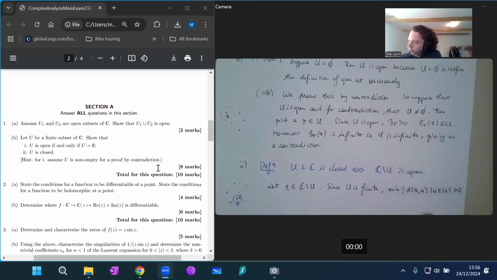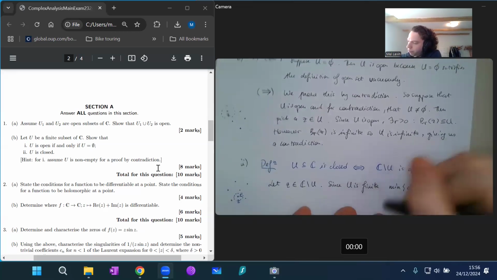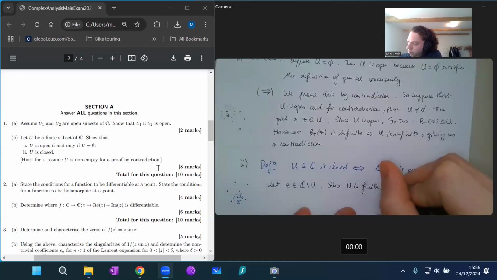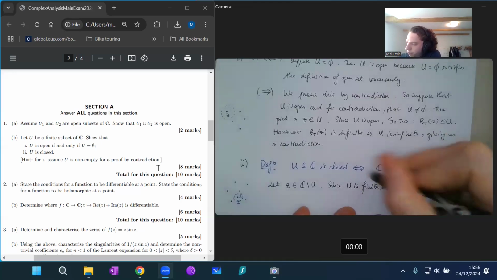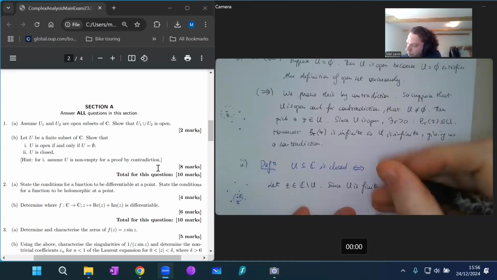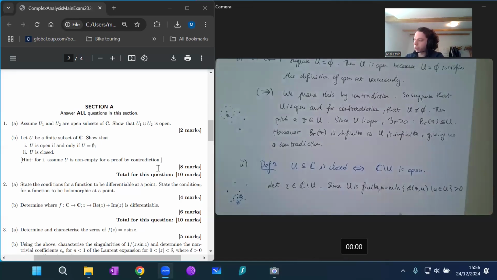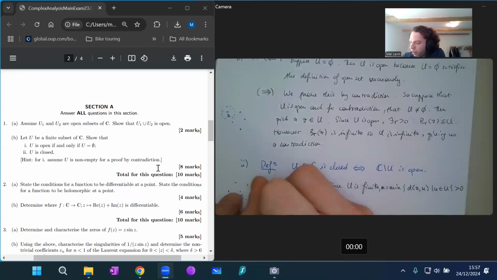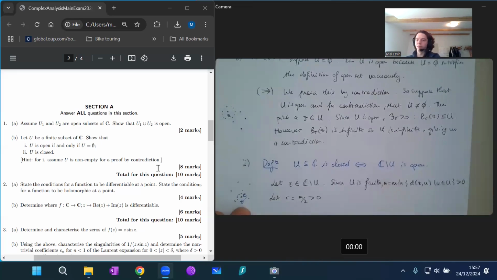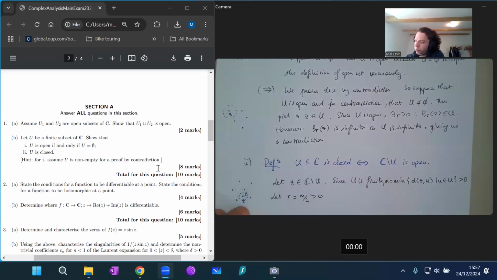Let me call that little m. So this minimum distance is greater than 0. Then I'll let R be m over 2, which is still going to be greater than 0 since m was strictly greater than 0.